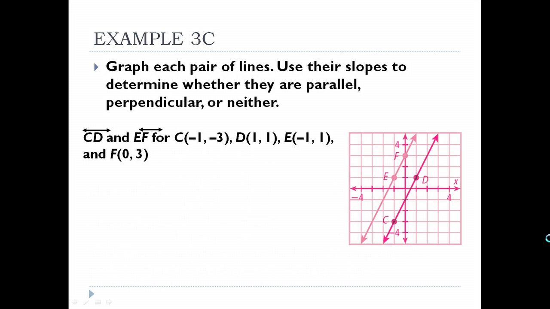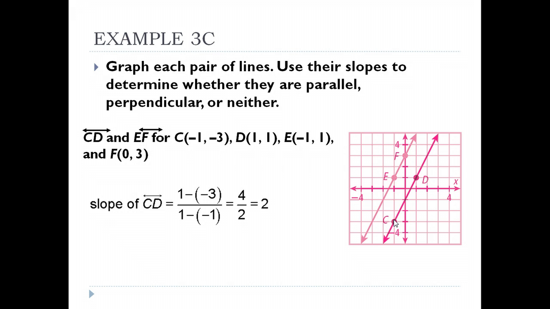Let's look at one more set. When we graph these two lines, where C is -1, -3, D is at 1, 1, E is at -1, 1, and F is at 0, 3. They look parallel. Do they have the same slope?